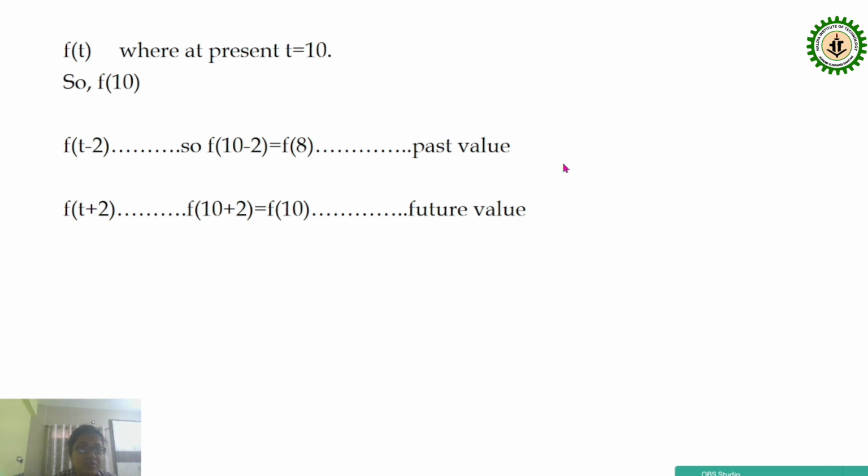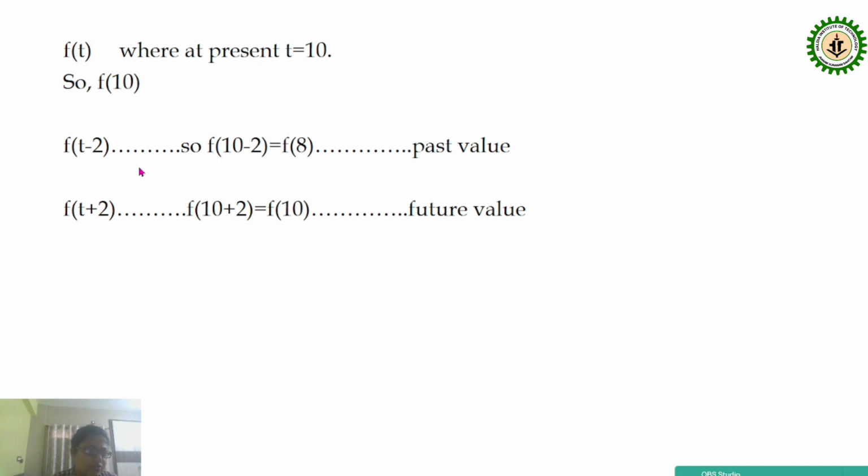From this example you can understand it. Say capital T is 2, meaning by 2 units we want to shift it. When I write f of t minus 2, it becomes f of 8. So 8 and f of 10, this is the original one, if you compare, 8 is the past value compared to 10.